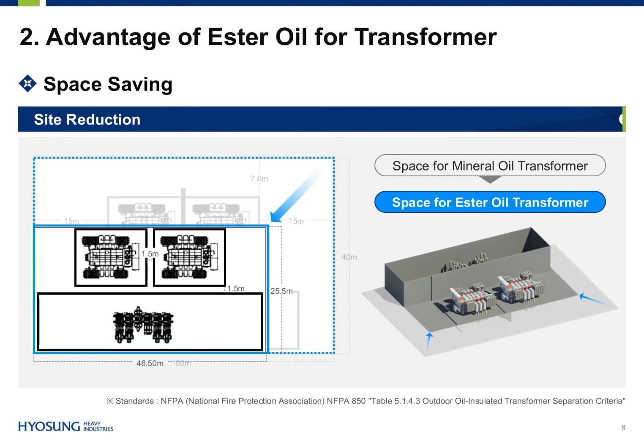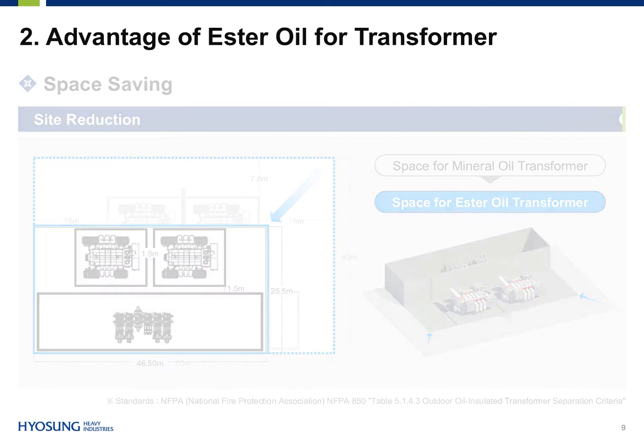The simulation is based on case studies of 2 units of 3-phase, 230 kilovolts, 250 megavolt ampere transformers. Because of the higher fire point and self-extinguish characteristics of ester oil, it is possible to reduce clearance distance between transformers and firewall separation. This leads to a decrease in the size of the entire substation.